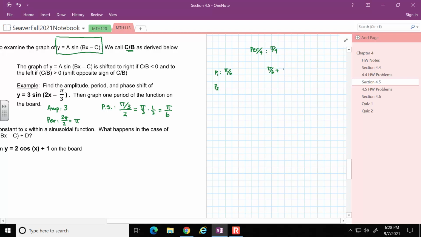If I take pi over 6 and add that pi over 4 to it, that's going to give me my second point in x. Well, let's see what that is. Let's find a common denominator. That would be 12. So I'm going to have 2 pi over 12 plus 3 pi over 12. So I get 5 pi over 12. So that's my next point.